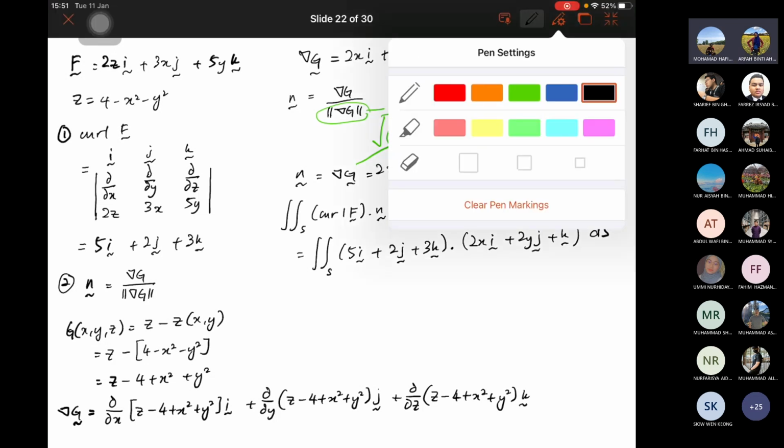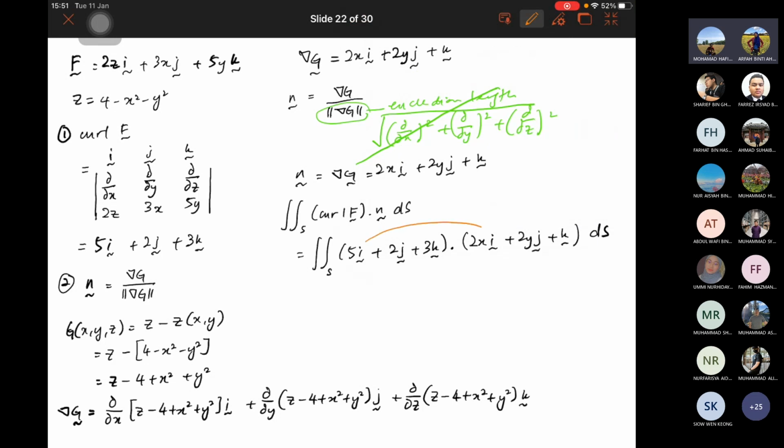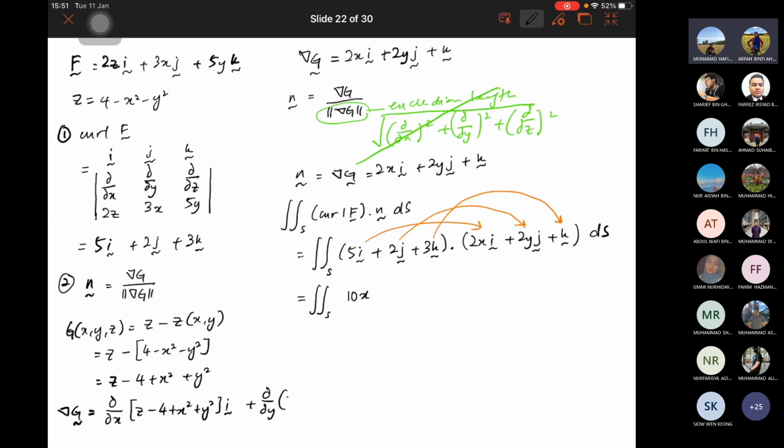So dot product meaning that i darab i, j darab j and k didarabkan dengan k. So akan dapat integration over S, 5 kali 2, 10x tambah 4y tambah 3 ds. Dot product: i dot i equal to 1, j dot j equal to 1, k dot k equal to 1.